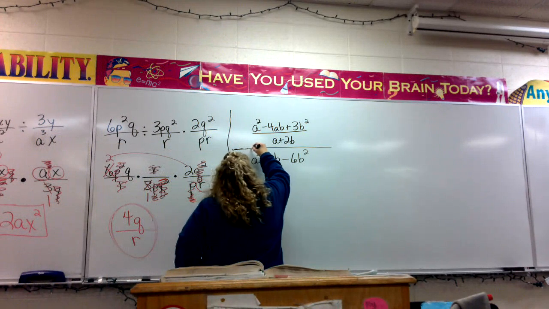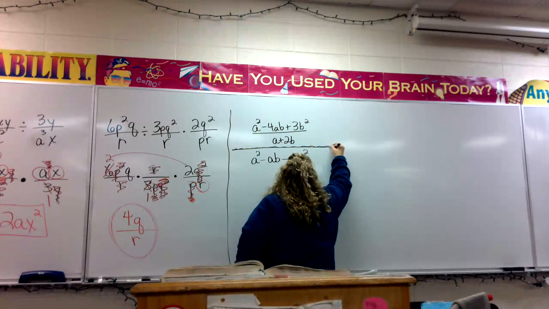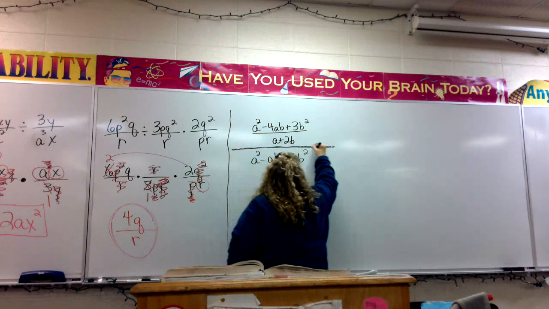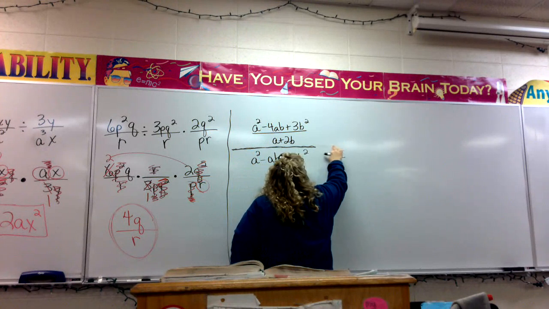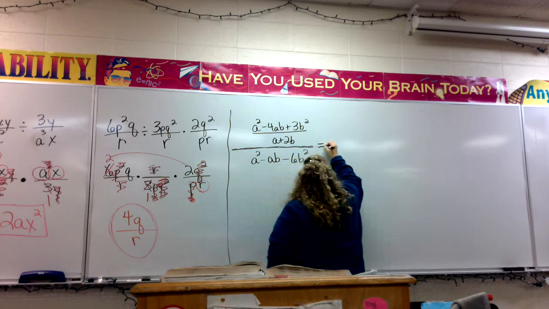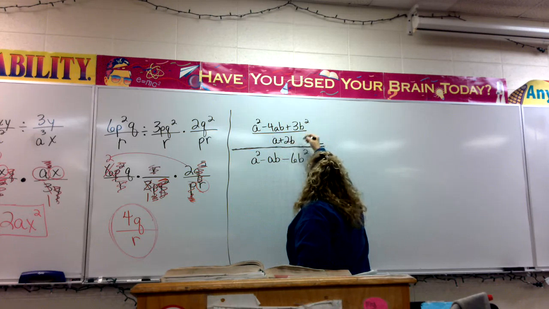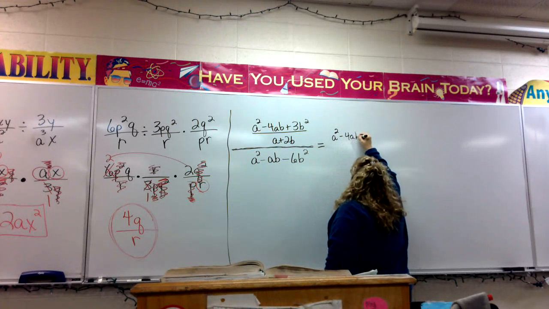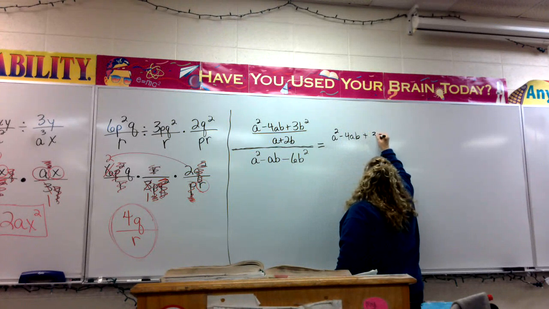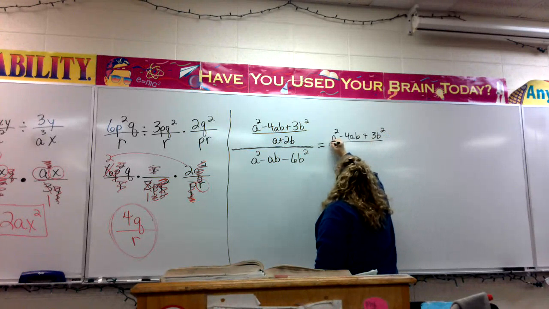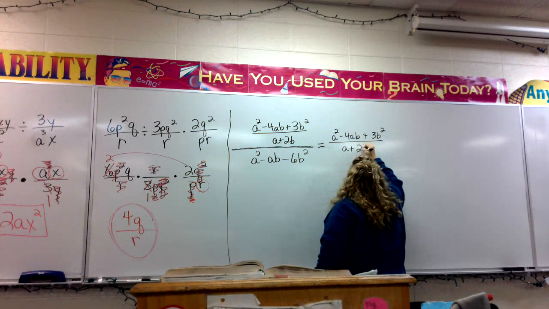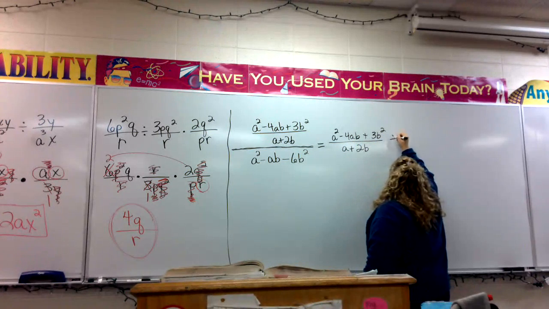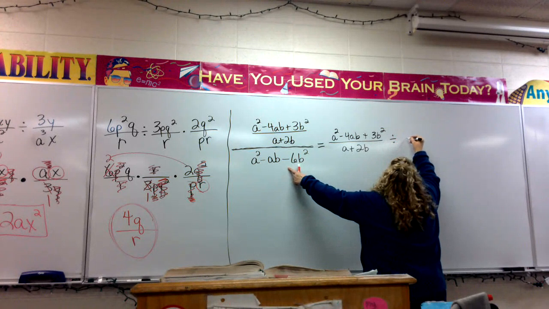What does this line mean? Divided by, right? So would you agree it's this stuff up here, a squared minus 4ab plus 3b squared, divided by this one?